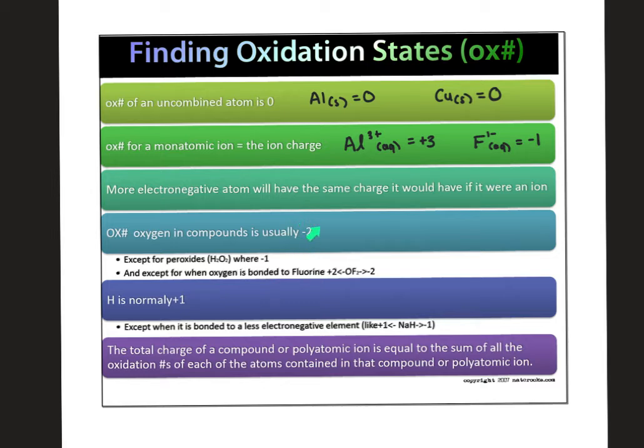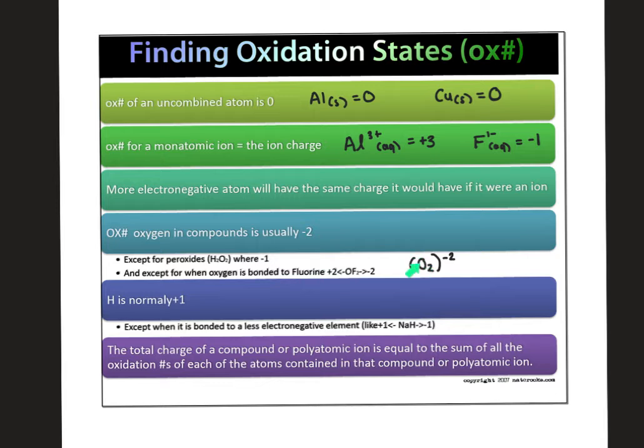Oxygen usually will have a -2 oxidation number unless it's in a peroxide, and peroxide is a polyatomic ion that is O2 with a -2 charge. And so if we have a peroxide, so hydrogen peroxide, H2O2, in that case, the oxygen will have a -1. So yes, overall peroxide has a charge of -2.